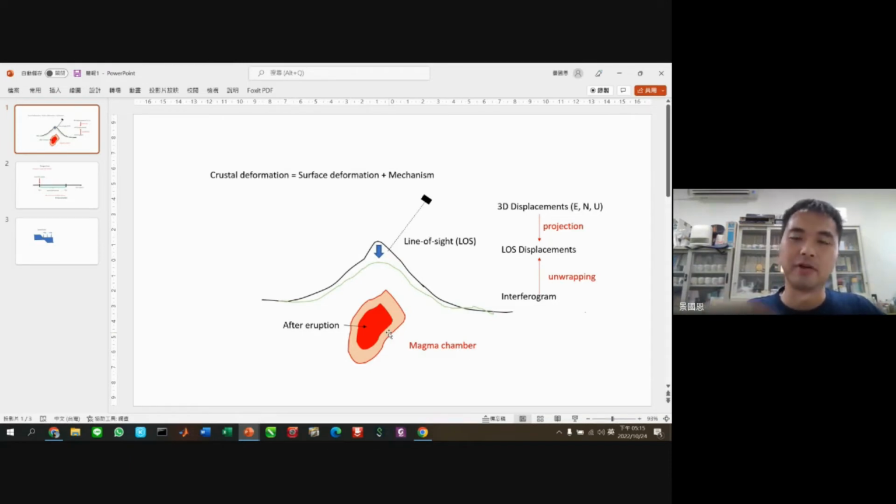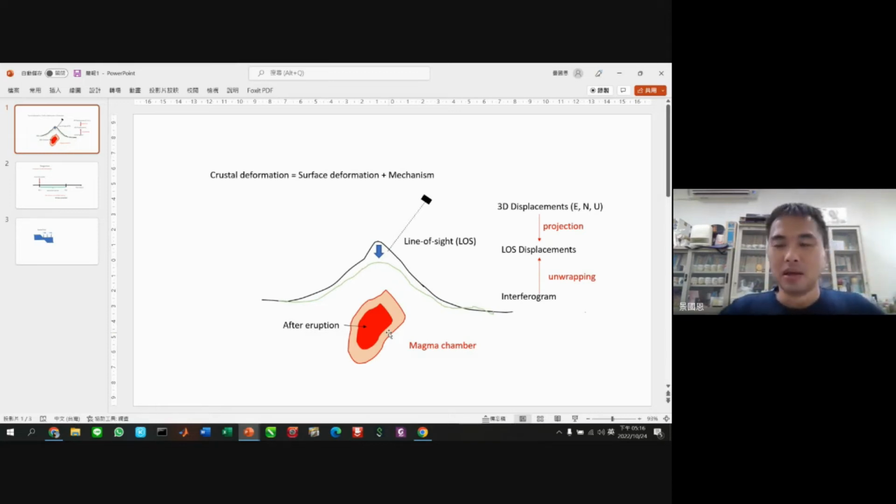Okay, so if we want to understand the earthquake potential or earthquake prediction, we want to use the geodetic data, the surface deformation pattern, to evaluate the slip on the fault. Then we could study the earthquake. So we have a series of geodetic techniques, and InSAR is one of them, but very, very powerful.